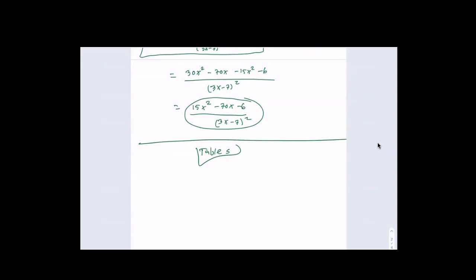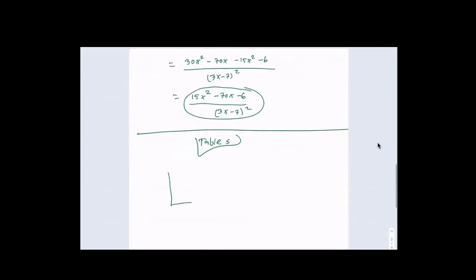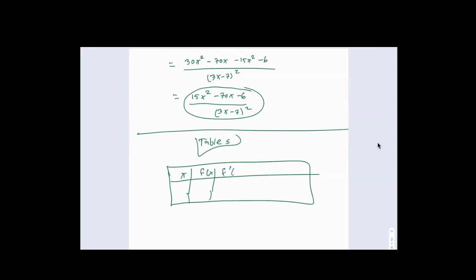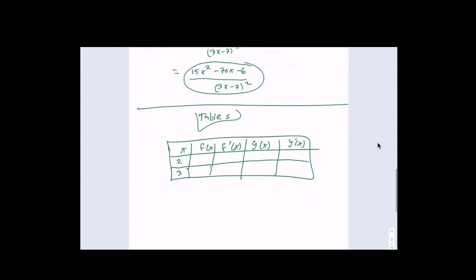So, like we did on the product rule, x, f of x, f prime of x, g of x, g prime of x. Let's go with 2 and 3. Let's go with -1.